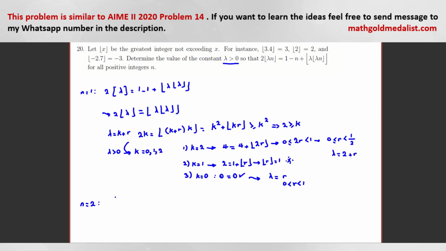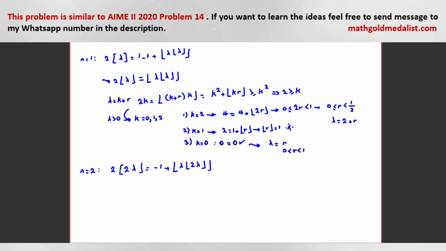Okay, so let's check. For n equals 2, it will be 2 times 2 lambda is equal to negative 1 plus lambda times GIF of 2 lambda, right? First case is lambda equals r from 0 to 1, right?